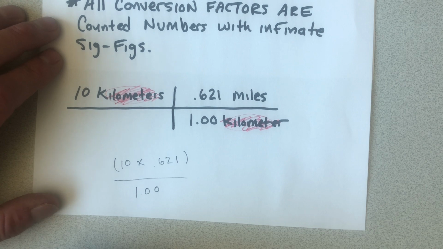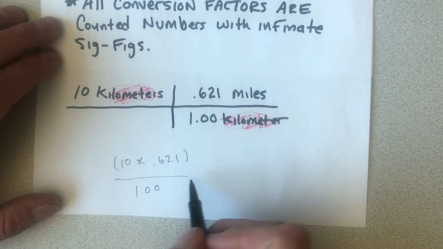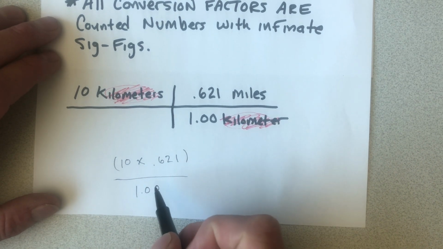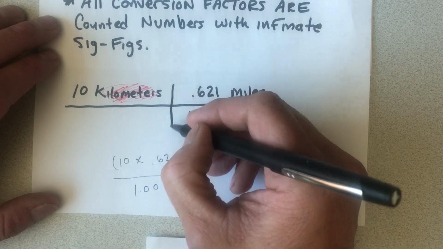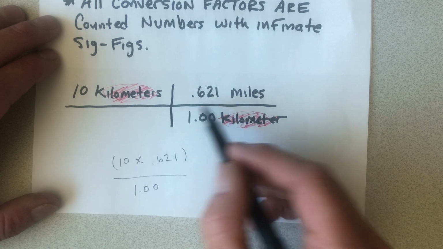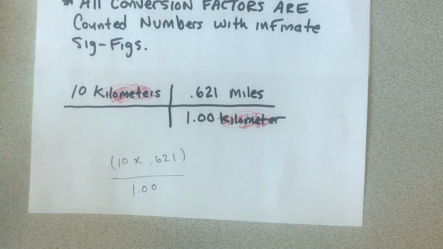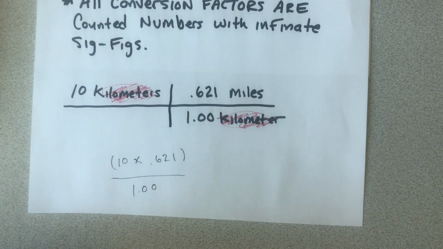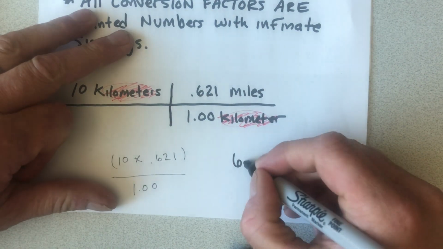That's what the math looks like. So you can see this is a pretty normal looking fractional math problem, minus this vertical bar, which just separates your starting point from your conversion factor. When we do the math here, 10 times 0.621 gives us 6.21 miles.